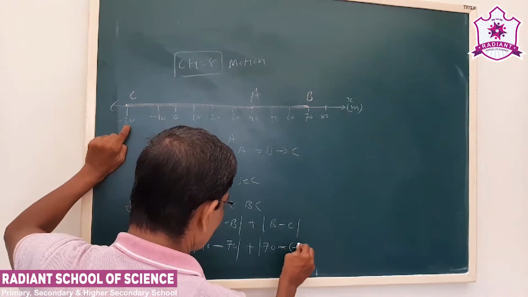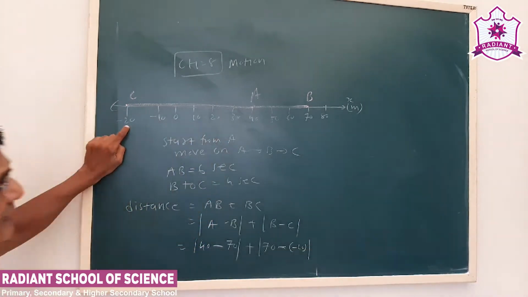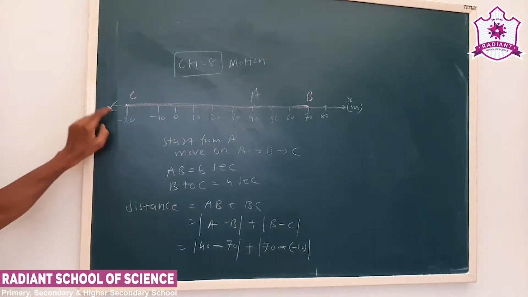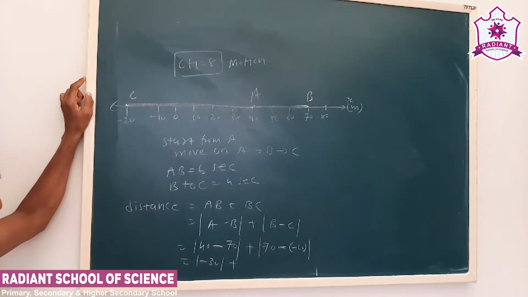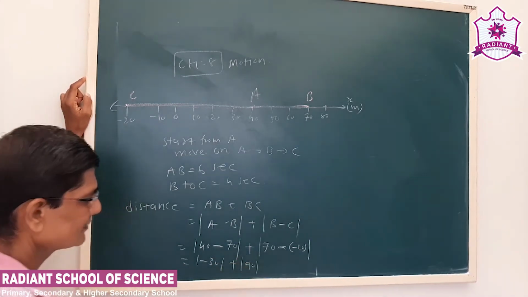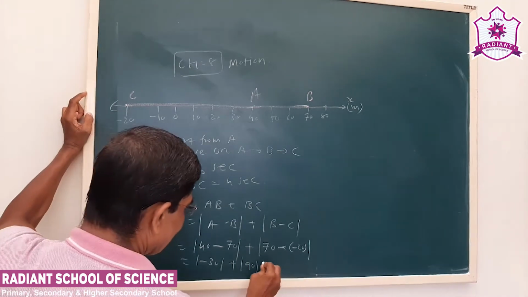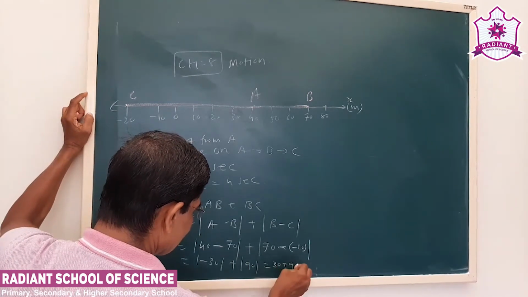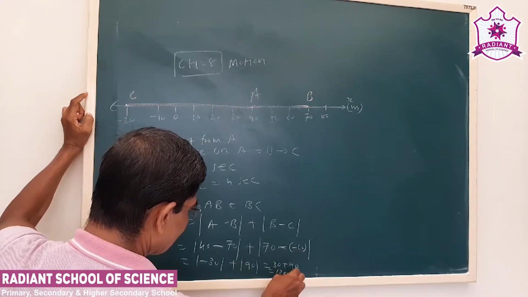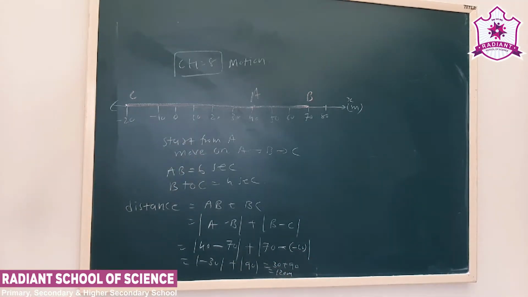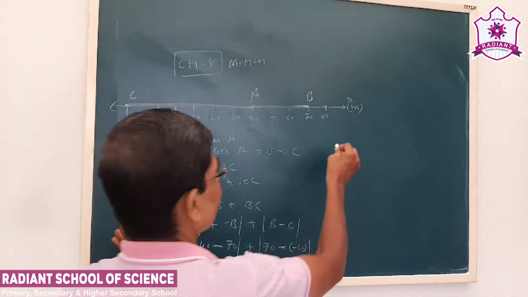C corresponds to minus 20. Then BC is 90 and AB is 30. As we discussed, distance is always positive, so the total is 120 meters. Now, displacement.